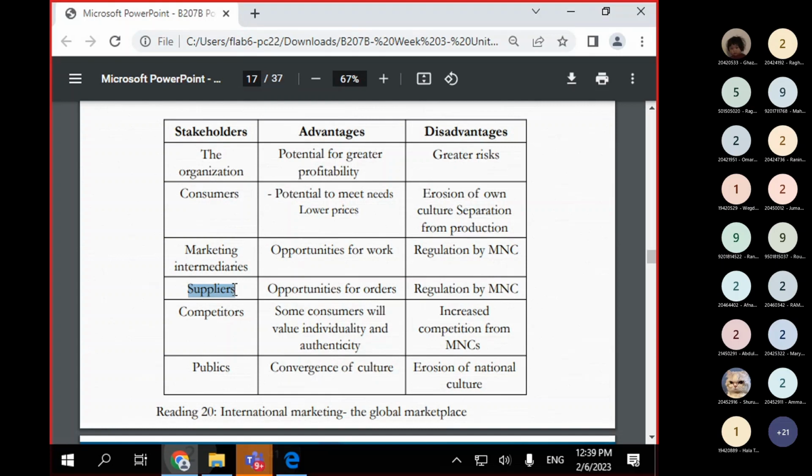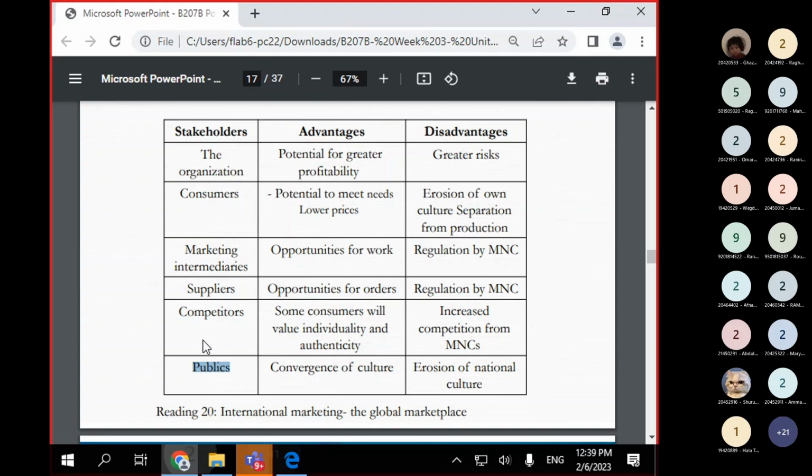Who are the suppliers? They provide the materials. Yes, they provide the materials and the raw materials. The competitors also, and the publics. Notice that these factors are closer to the organization.